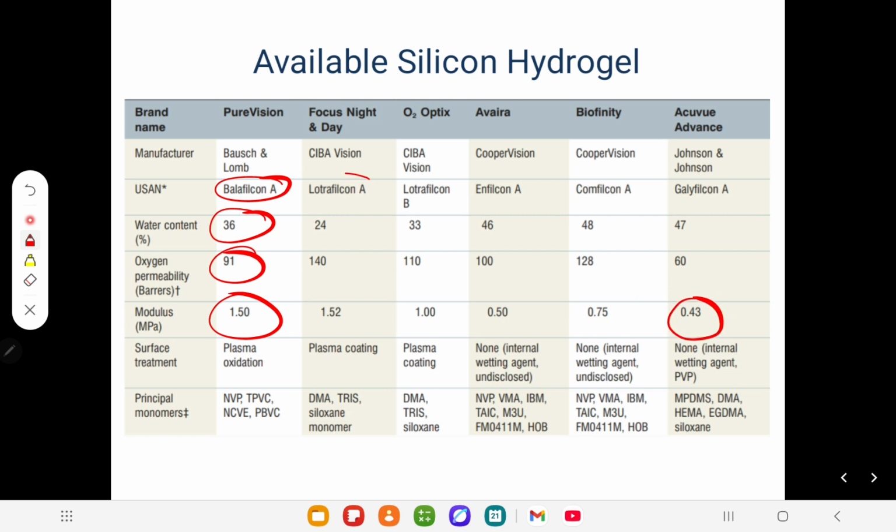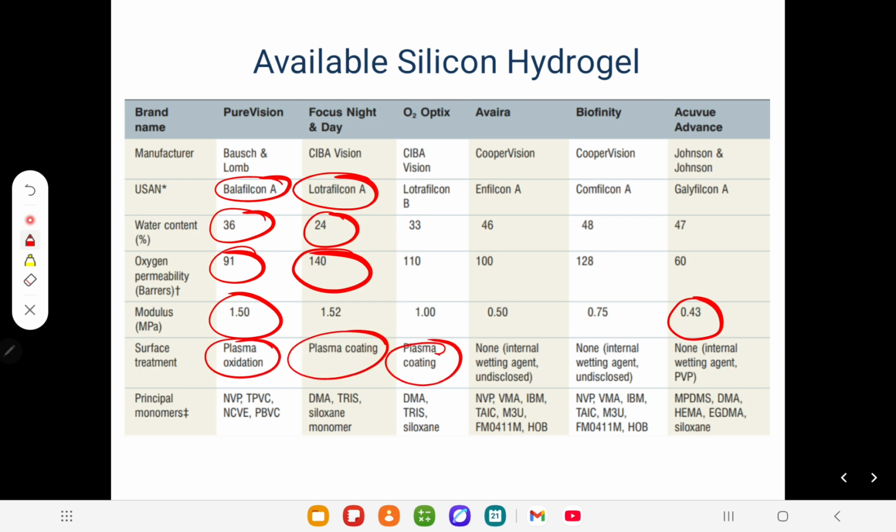Lotrafilcon A by Ciba Vision: water content is very low, 24. Oxygen permeability, my goodness, 140. Surface treatment is plasma oxidation, plasma coating, and plasma coating, lotrafilcon B. These are the important things. Surface treatment is there in the first generation, and comfilcon, I think, is third generation.